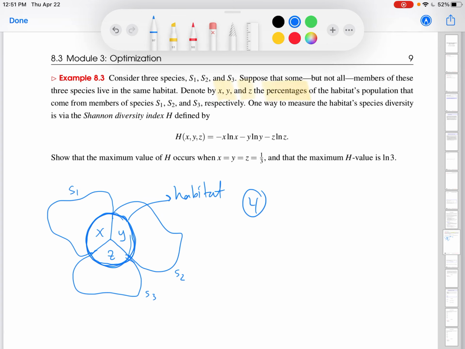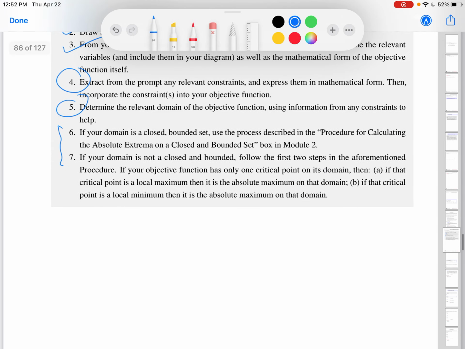So I'm just going to assume that x, y, and z are written in decimal form, like 50% is 0.5. If that's true, then x plus y plus z has to be 1. All these percentages have to add to 1. So that is a constraint. Reading through the rest of the problem, I don't see any other constraints. So we are done with number 4.